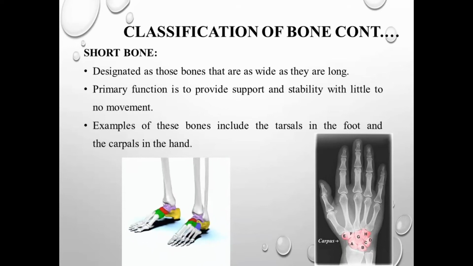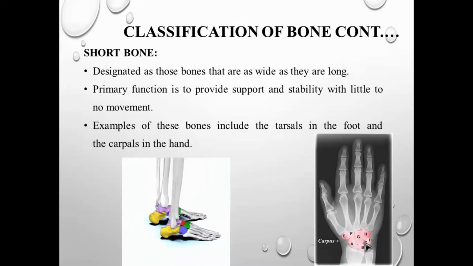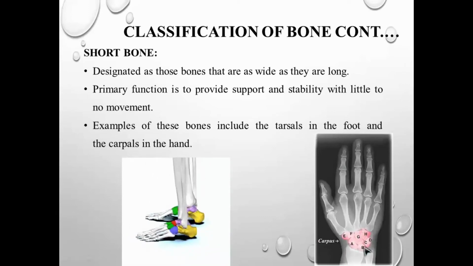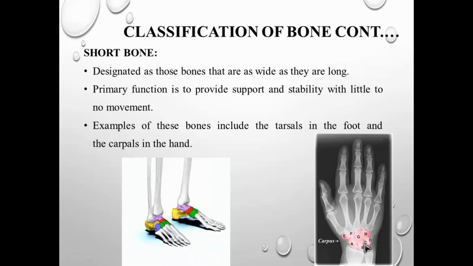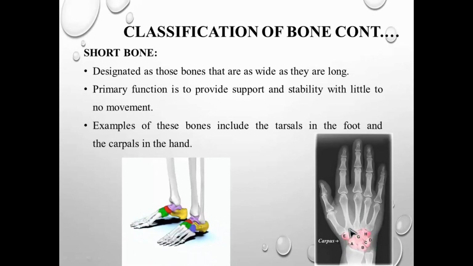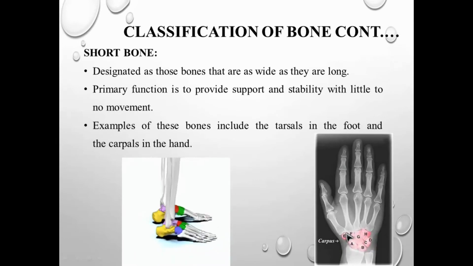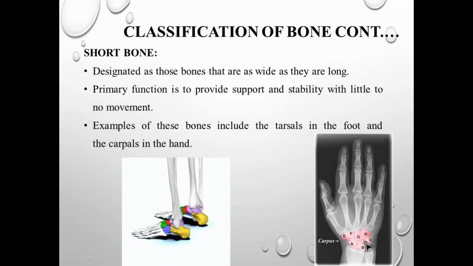So in the image you can see this is our hand, the A, B, C, D, E, F, G, H. These are called the carpals or carpus or carpal bones, which are present in the wrist region of your hand. Okay, in the wrist region, you can see there won't be movement.